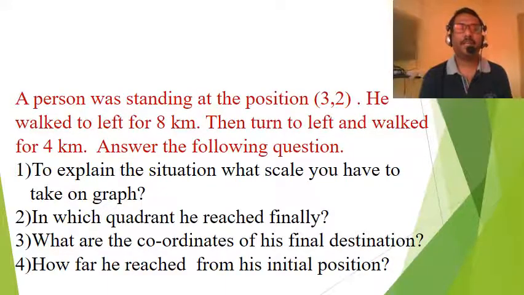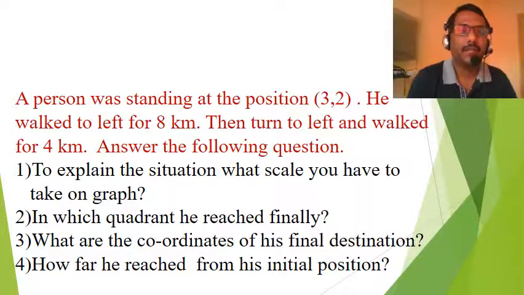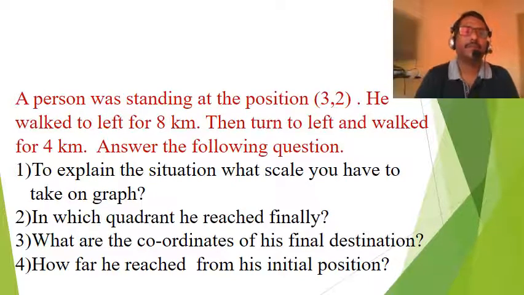Now we will see how this coordinate geometry is applied in our daily life. Here is the problem. A person was standing at the position 3, 2. He walked to the left for 8 kilometers, then turned left and walked for 4 kilometers. Answer the following questions.